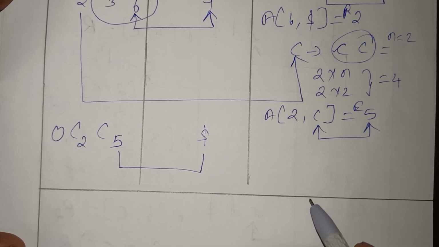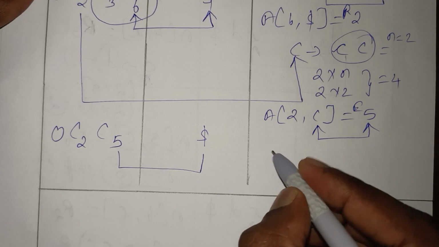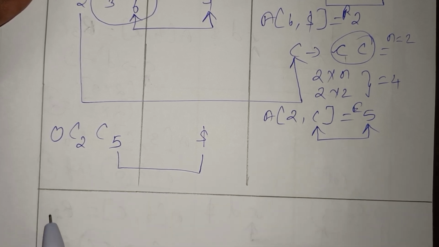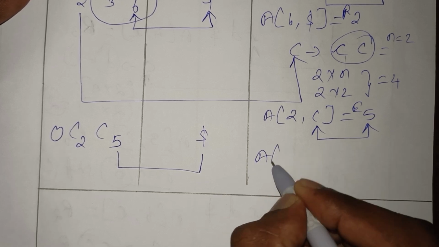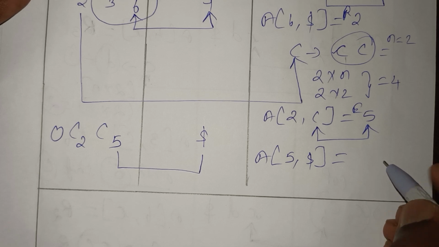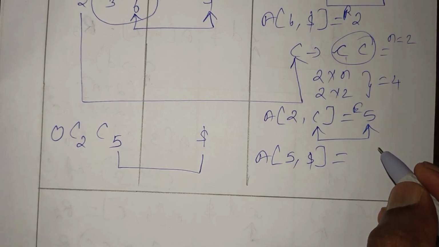What did you get with this 5 and dollar? We have got S tends to capital C. That is the action of 5 comma dollar, we got R1. So exactly what we are going to take.